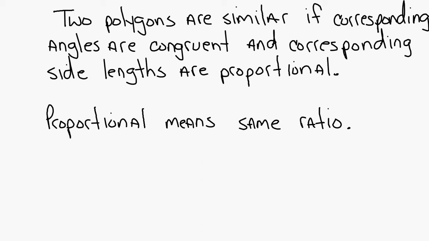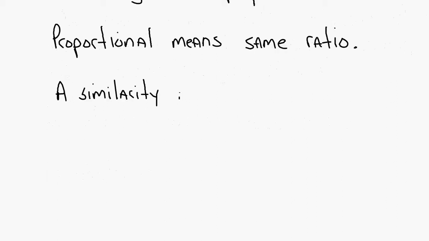And one more definition. A similarity ratio is the ratio of the lengths of the corresponding sides of two similar polygons. And let's put a comma right here.